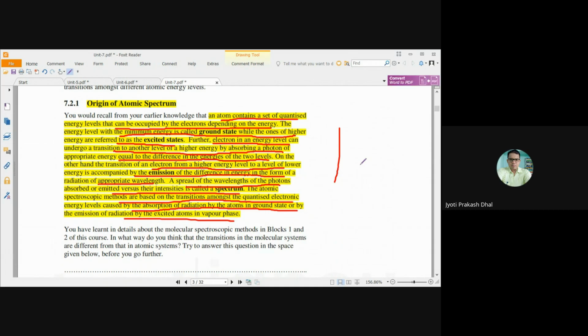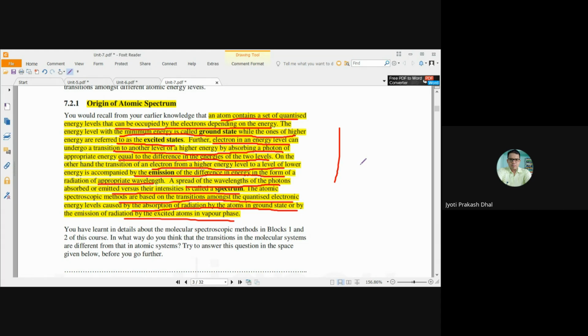The energy level with minimum energy is called the ground state, while the energy level with higher energy than that of the ground state is known as the excited state. The electrons can undergo transition from the ground state to any one of the excited states by absorbing an appropriate amount of energy, equal to the energy difference between the ground state and the excited state.